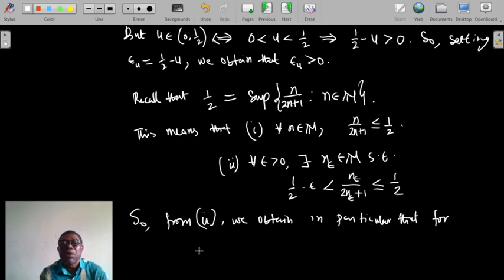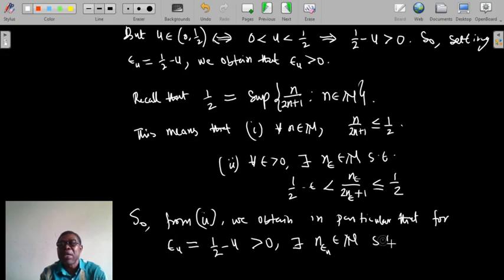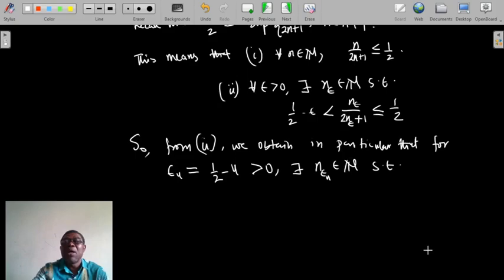for epsilon u equals half minus u greater than 0, that is this epsilon u, which is greater than 0, there exists n epsilon u in the set of natural numbers such that this inequality will hold, but for epsilon u.